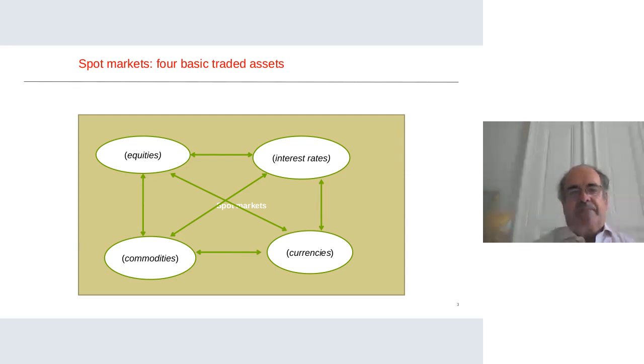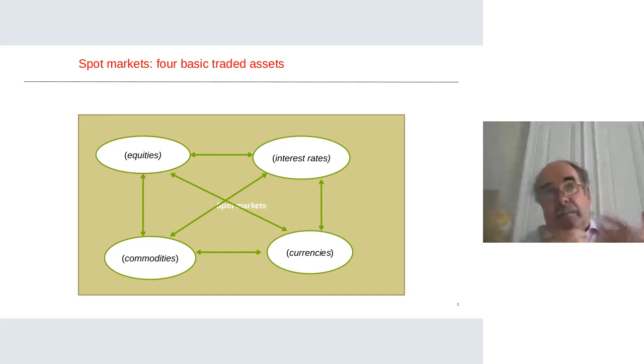What are the assets traded on, for instance, the spot market, the first segment, spot? What can we buy or sell spot? 4 kinds of assets. Either equities. I can buy or sell spot equity.